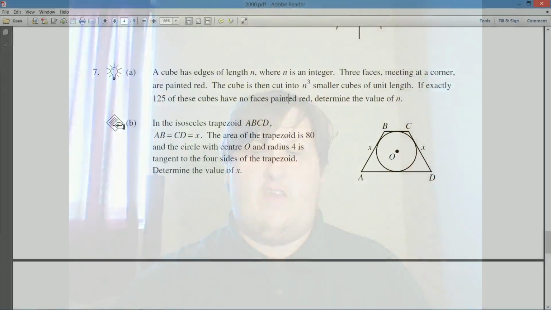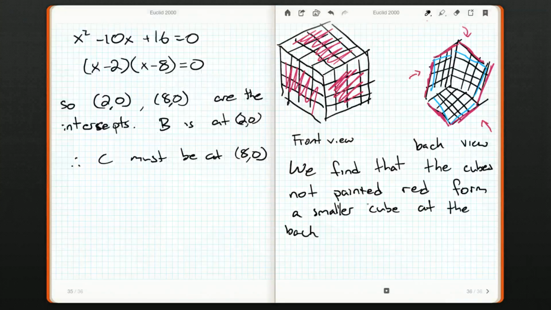This smaller cube is going to be 5 by 5 by 5, and that gives us 125 cubes that aren't painted red.